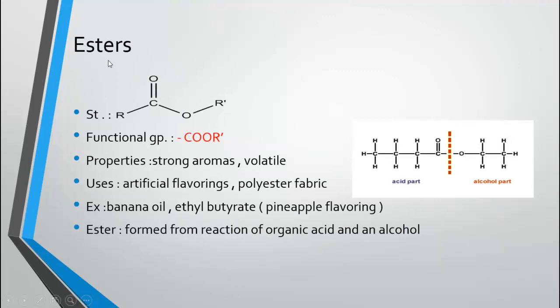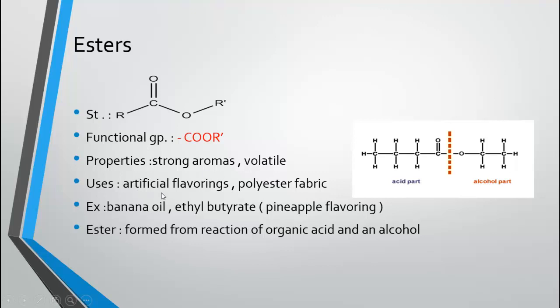Esters. The esters have the structure RCOOR', and R' here indicates that we have another hydrocarbon different from the first one. So we have 2 hydrocarbons, maybe the same or maybe different. The functional group here is COOR'. The properties of esters are strong aromas, and they are volatile.